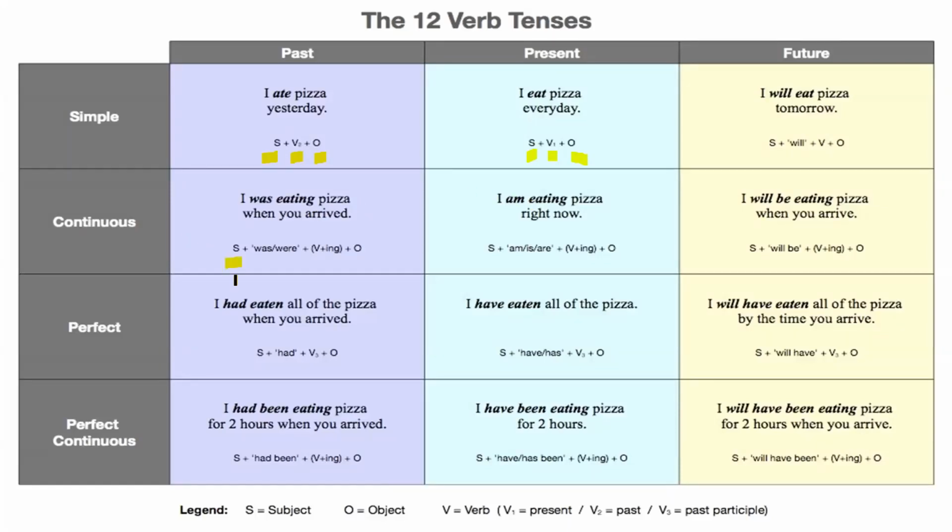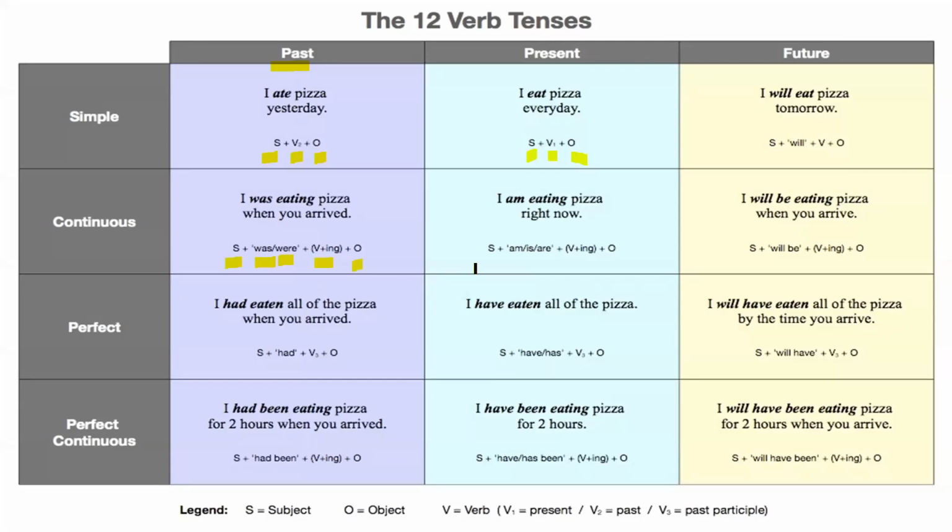Continuous, again the subject, was or were, because continuous equals verb to be, and the past form of verb to be, was or were, depending on the subject, plus the infinitive form of the verb plus ing, and the last thing, the object.